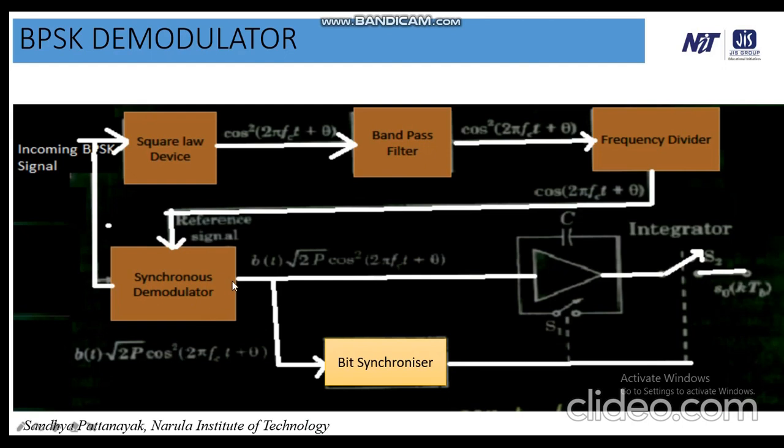What we get is b of t multiplied with root over 2P cos squared of 2 pi fct plus theta as the output of the synchronous demodulator, which is applied to the bit synchronizer as well as the integrate and dump filter. So what happens in the integrate and dump filter then?